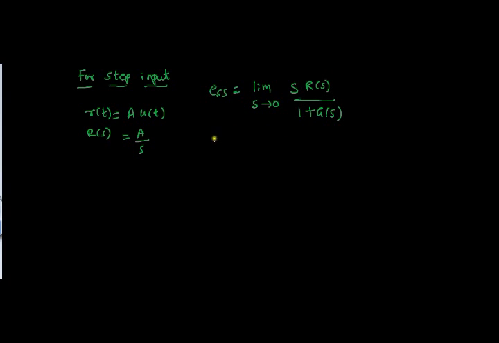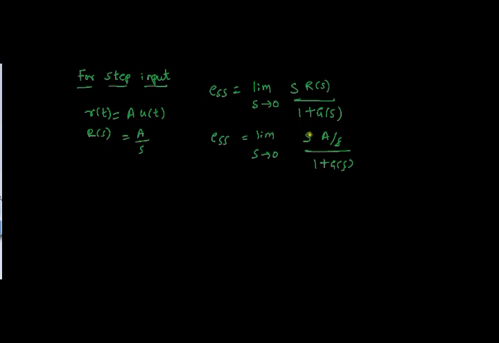Okay, so the steady state error will be limit of s tends to 0, s into R(s), which is A upon s, upon 1 plus G(s).